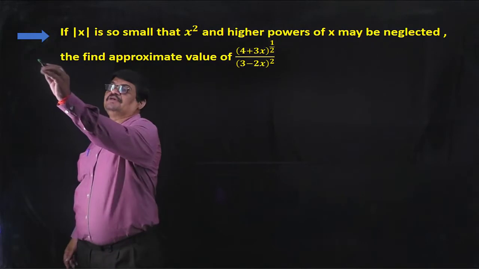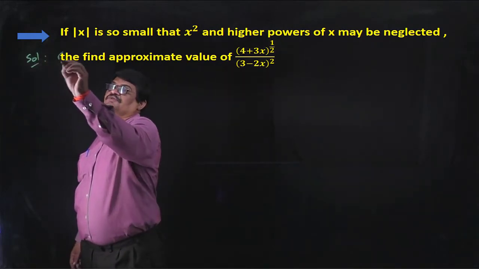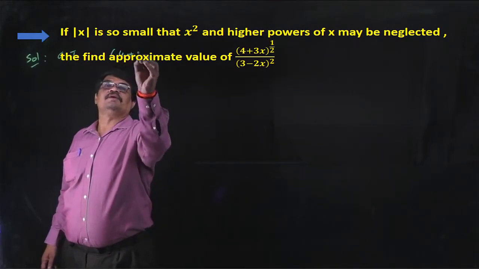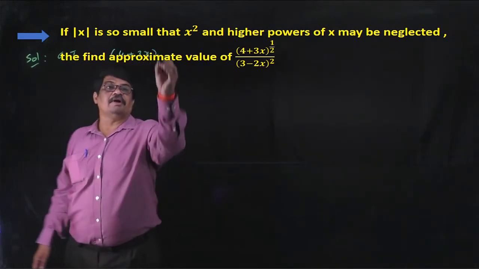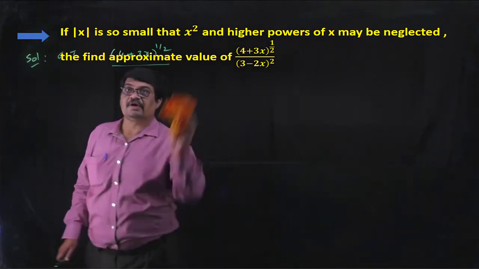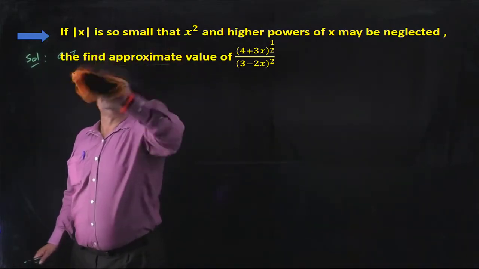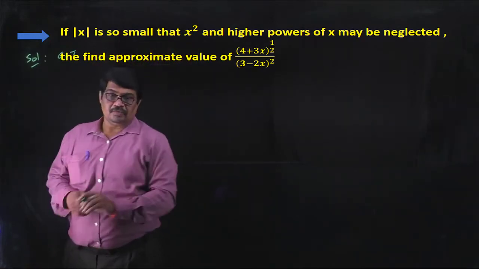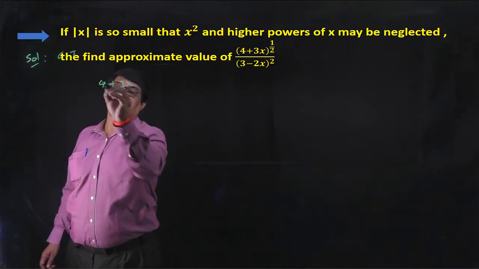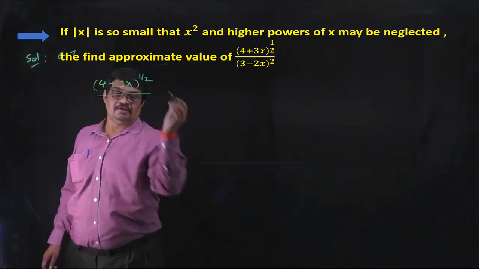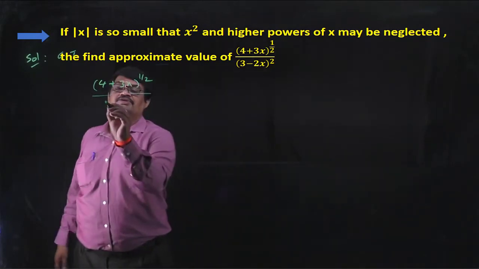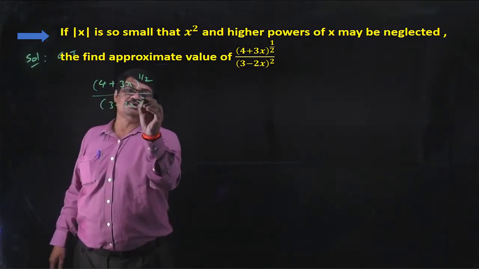See the solution. The given expression is (4 plus 3x) whole power 1 by 2 by (3 minus 2x) whole square.